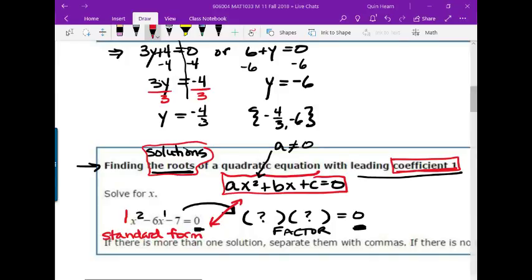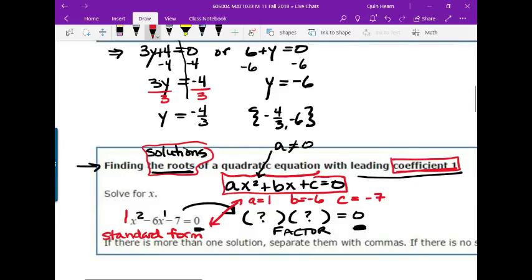All right, the method that we're going to use again is the AC method. So we have to identify A is 1, B is -6, and C is -7.